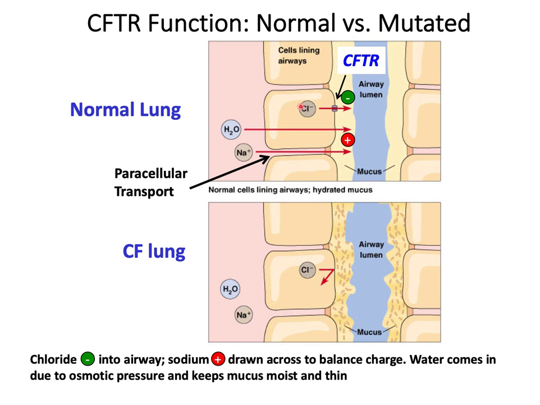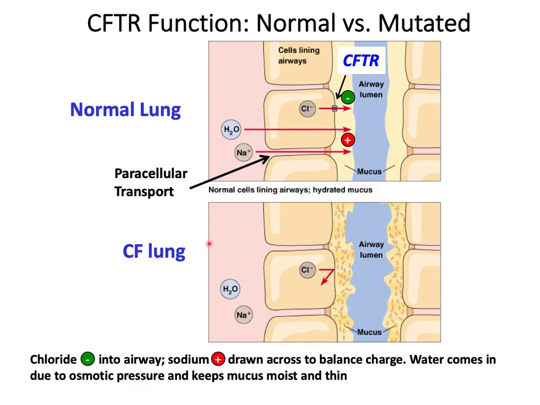This draws sodium across this layer, and this sodium moves right here between the cells in the layer. This type of transport is known as paracellular transport. So sodium is drawn across to balance the negative charge, and now you have a high sodium chloride concentration in this mucus. In response to the high concentration, water is drawn across into the lumen in this area, and this hydrates the mucus, and it becomes much lighter.